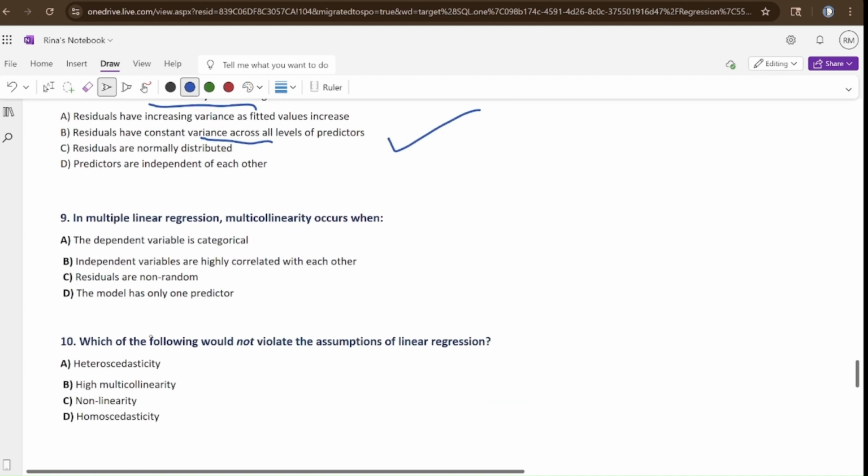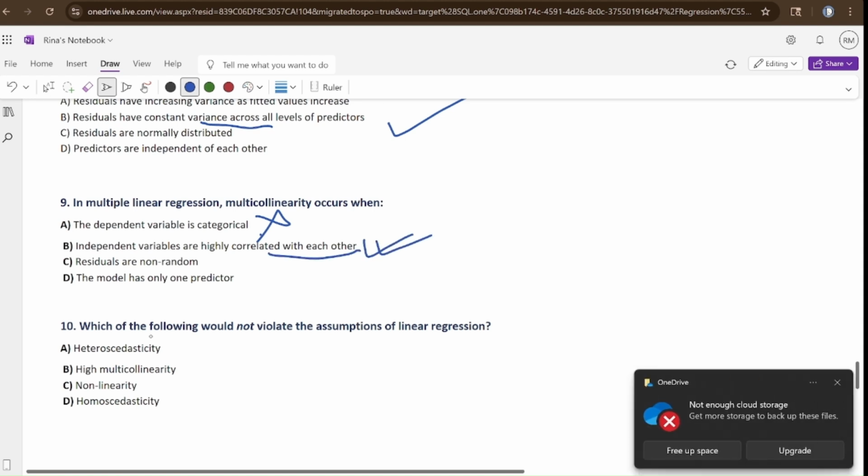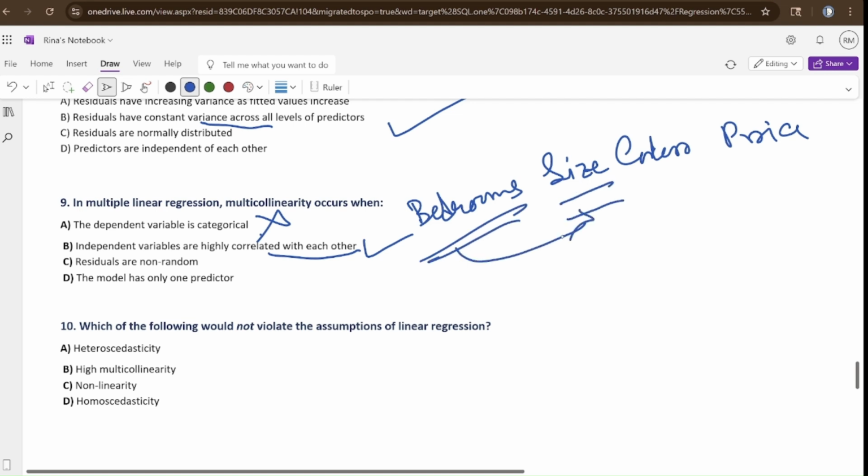Next question. In multiple linear regression, multicollinearity occurs when the dependent variable is categorical? Nothing like that. Independent variables are highly correlated with each other. Exactly. See, if there are variables like bedrooms, size, color, price, the thing is that bedrooms and size are dependent on each other.